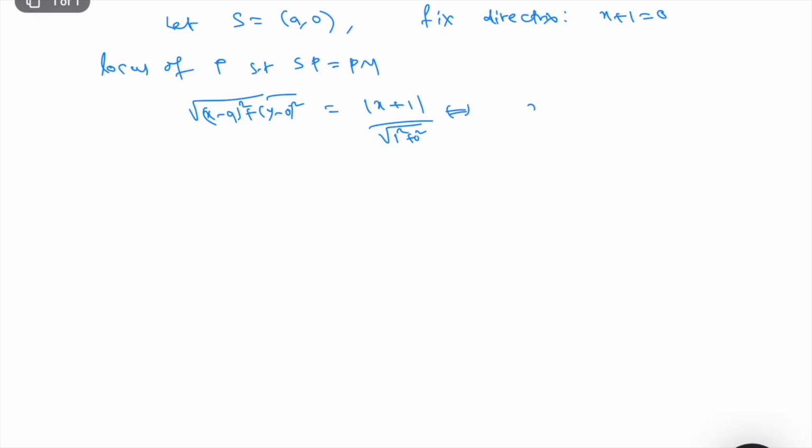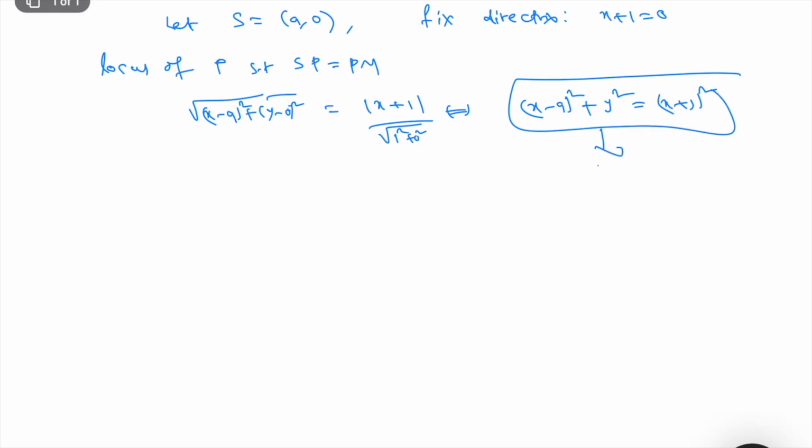If you square both sides, you get (x minus a) whole square plus y square equal to (x plus 1) whole square. This should give a parabola as long as this focus is not sitting on the directrix. So my claim is that if the focus is sitting on the directrix, this equation will give you a straight line.